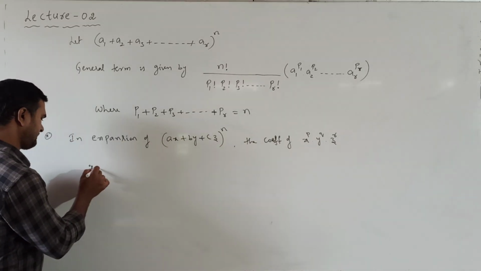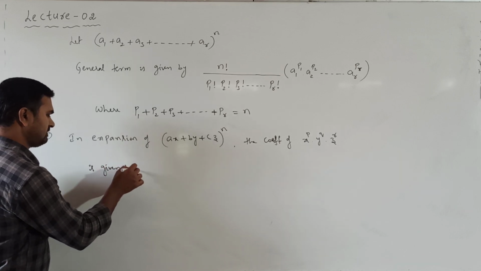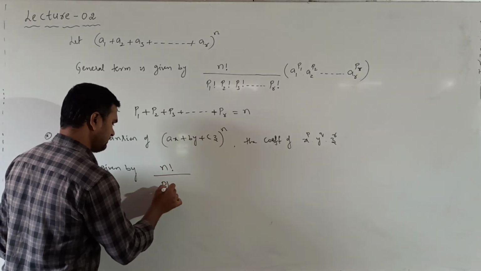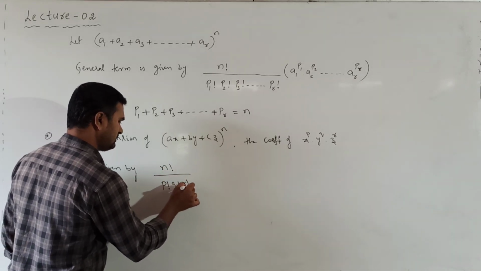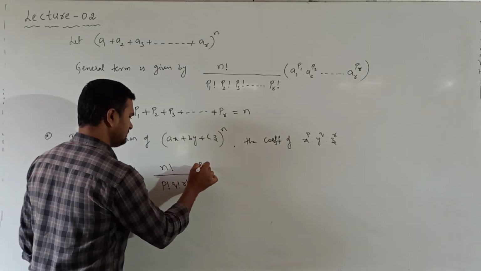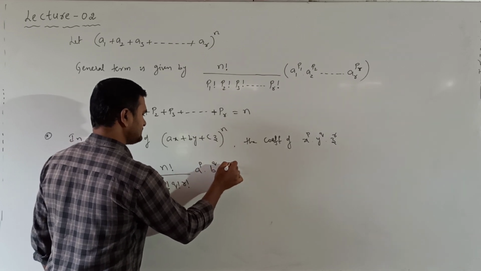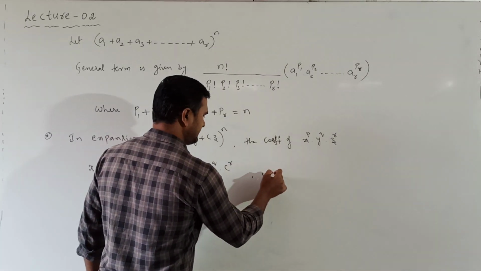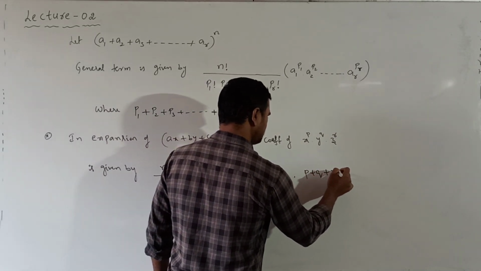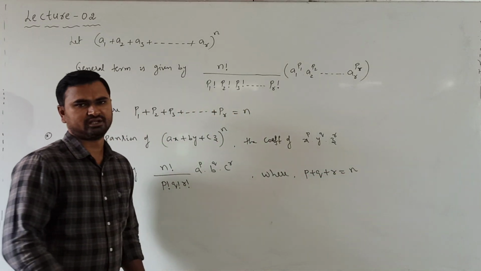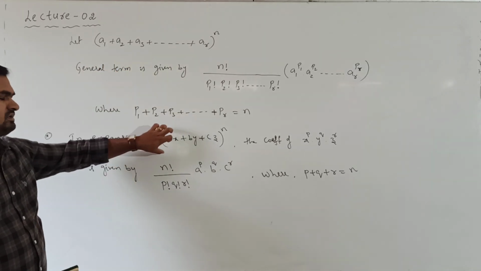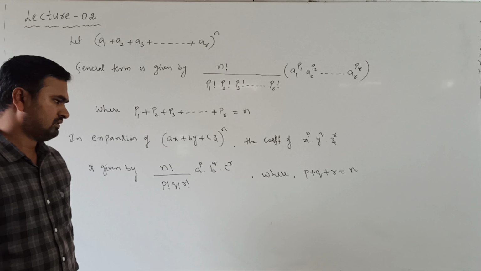It is given by n! divided by p! into q! into r!. Now x^p means we get a^p also, into b^q into c^r, again where the condition is the sum of these powers, p + q + r, must be n. So just compare this to the multinomial expansion where we are getting the 3 term expansion, right?